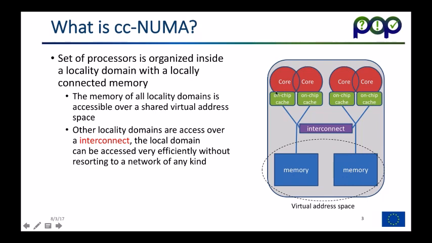In my picture, I'm trying to illustrate a system with two sockets. This is a dual core socket, and this is a dual core socket. This socket has a locally attached memory, and the other socket over there also has a locally attached memory. The technical explanation behind that is that the memory controller moved, if we look back a few years, from the chipset into the processor.